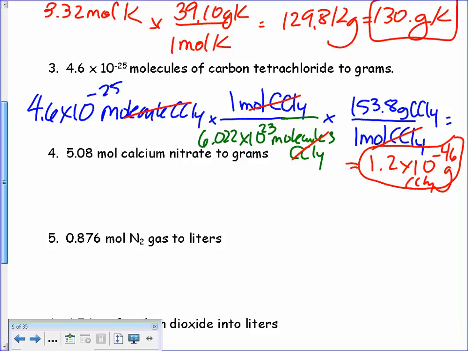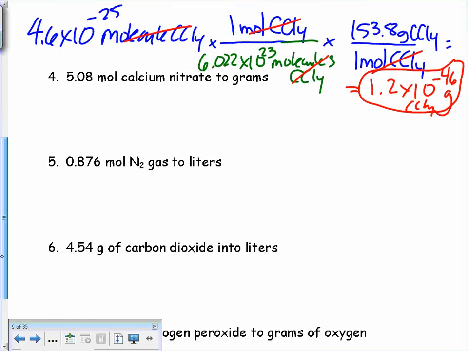Keep going. So if it doesn't say grams of something else, it's grams of that.